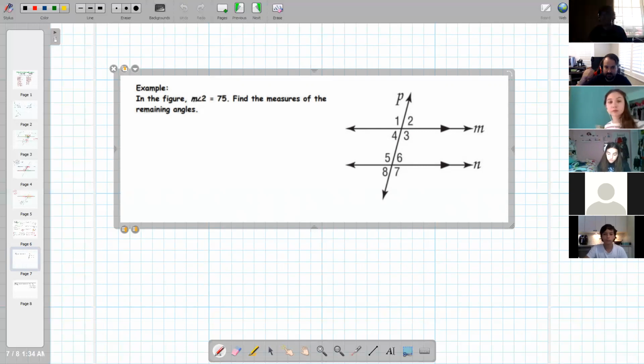I'm going to have you put your blue hand up when you know what the other angles in this picture are equal to. And when we get more than halfway, we'll jump in and move forward so we can get to the next question.